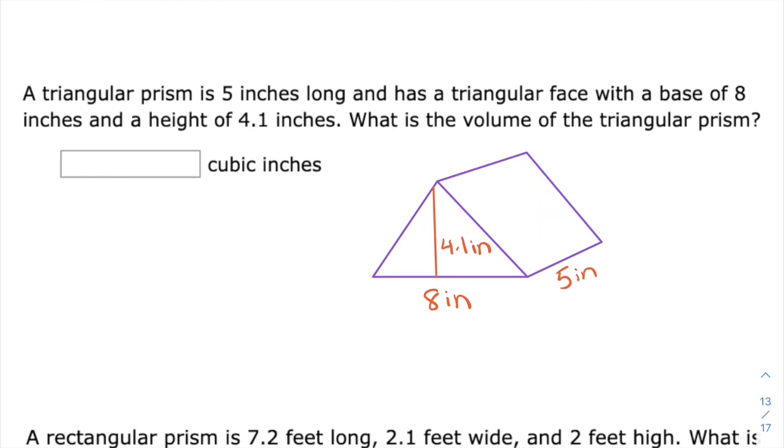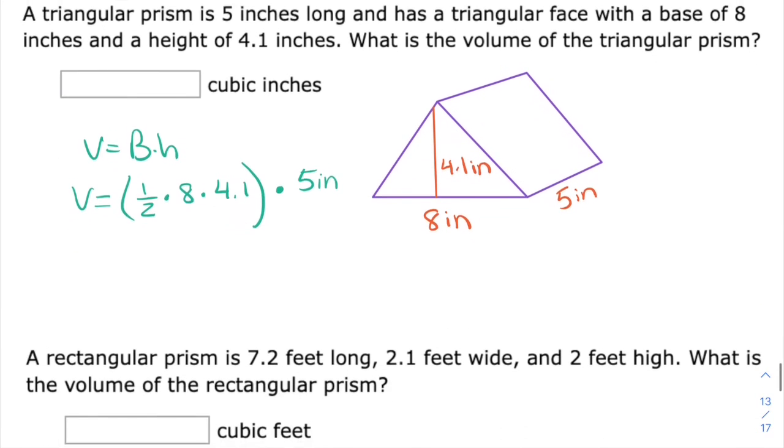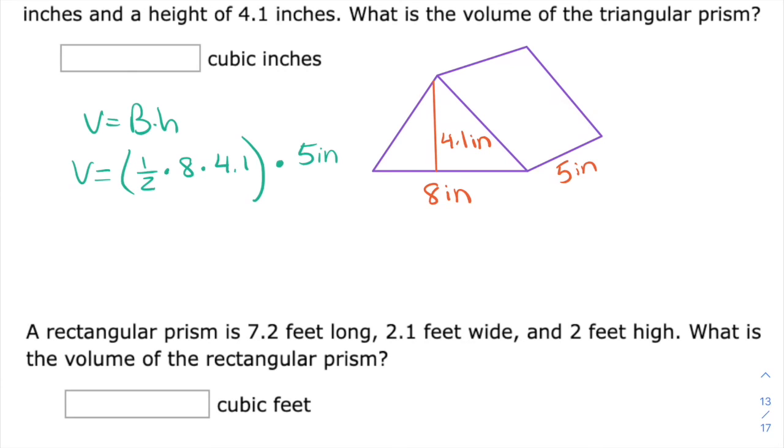All right, what is the volume of the triangular prism? So volume is 1/2 base times height. Oh, I'm sorry. The volume is base times height. And the base is going to be a triangle, which is 1/2 times 8 times 4.1 because its base is 8 and its height is 4.1. And then you don't forget the height of the entire thing, which is 5 inches. Okay, so the triangle repeated over and over.